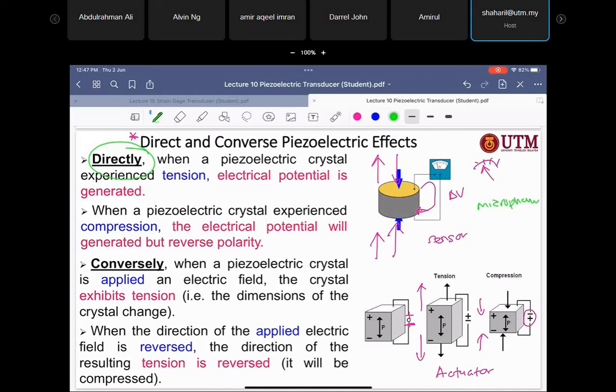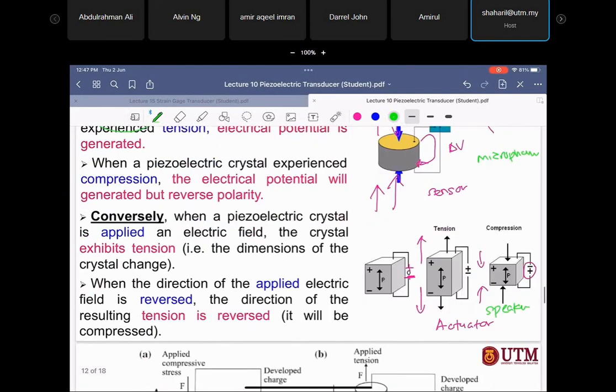The second effect is for the speaker. The computer generates the audio signal, a current amplifies it, and it goes to the piezoelectric material, and then the piezo extends and compresses, again and again. So the simple examples are the microphone and also the speaker.